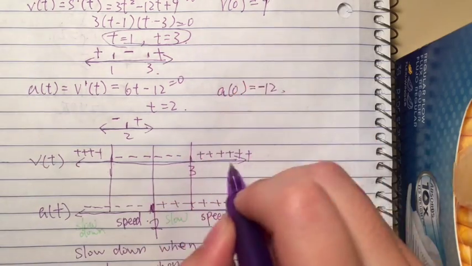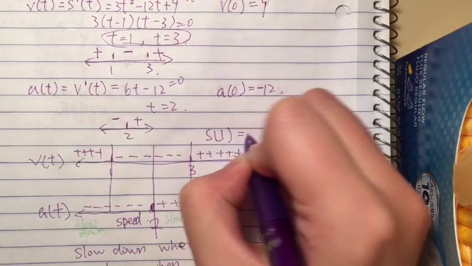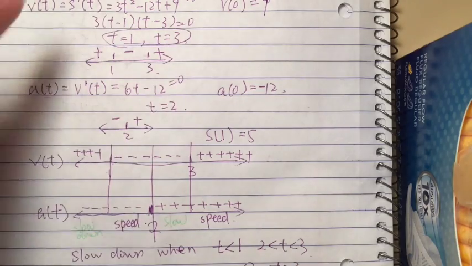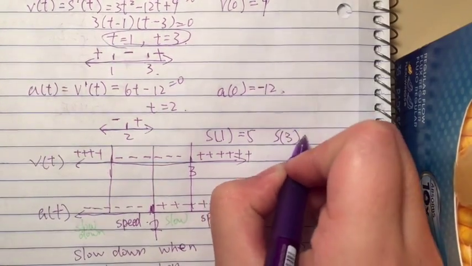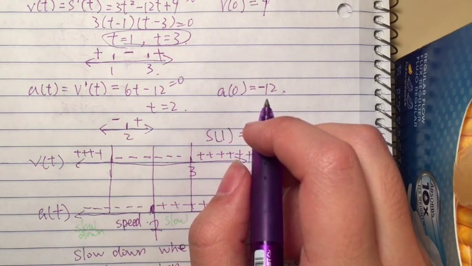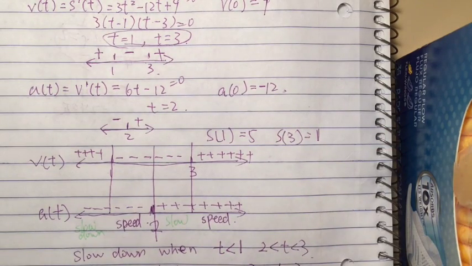So S(1) equals 5. And when we plug the 3 in there, S(3) should be equal to 1.